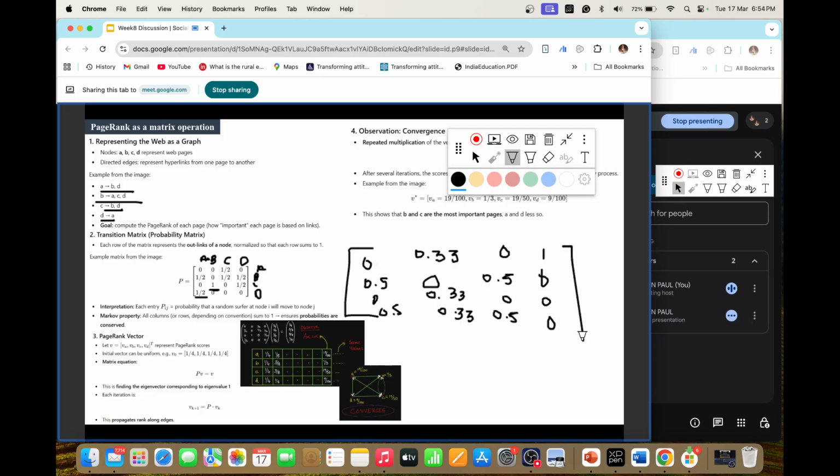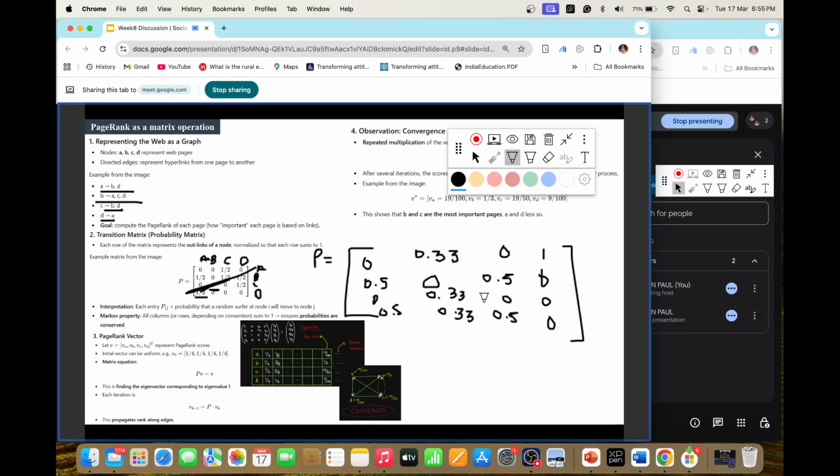And when you sum each row, that will be 1 here, 1 here, 1 here and 1 here. Okay, so that will be the transition matrix. Okay, so this is actually wrong, so I will change it. This is how we will look at it.